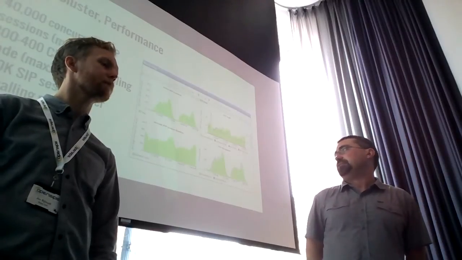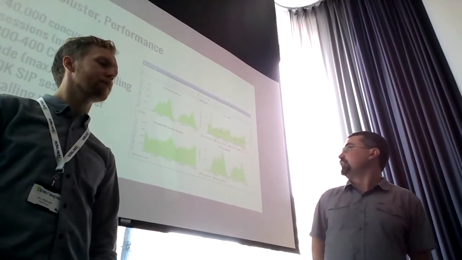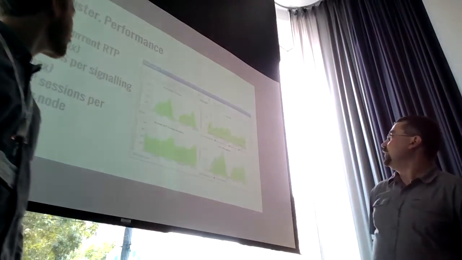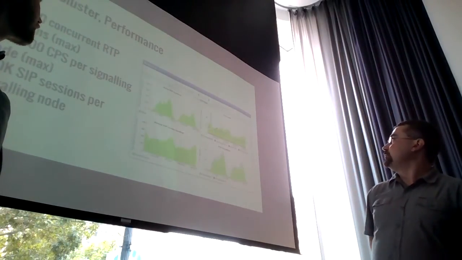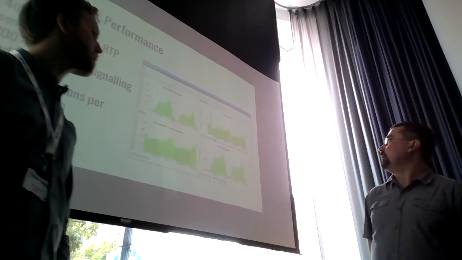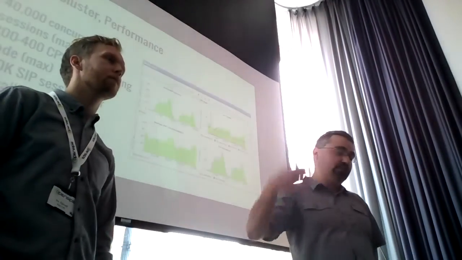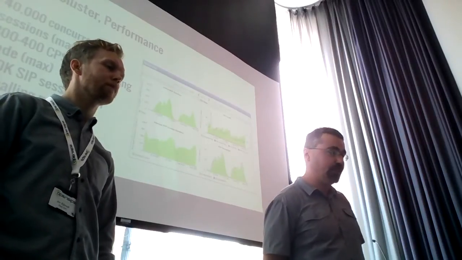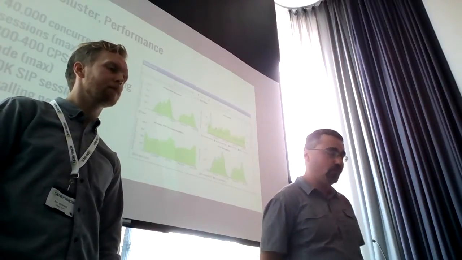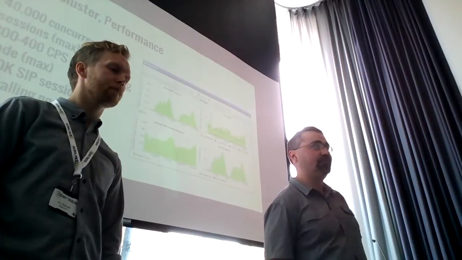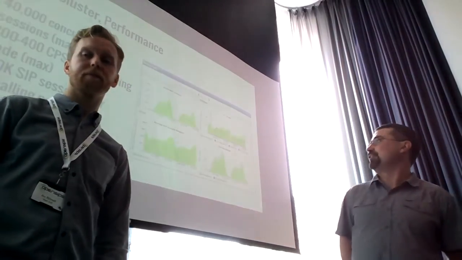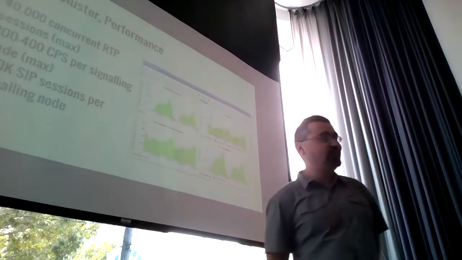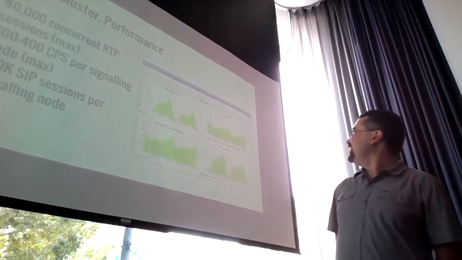We have about 7 to 10K sessions per signaling node, and here you see we go to about 30,000 active RTP sessions at peak time. We keep it a little lower than the designed capacity, so we have some room for traffic spikes, and those guys usually have quite a lot of traffic during Eid and such, so it works.